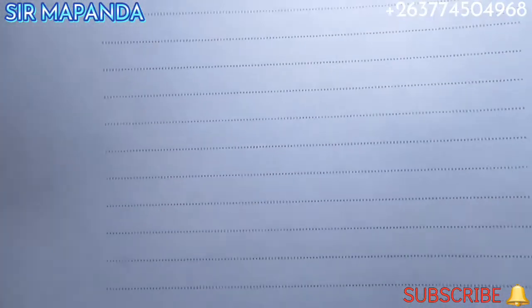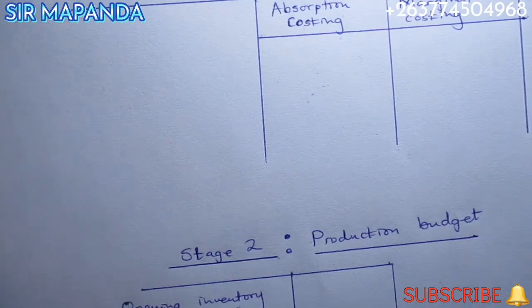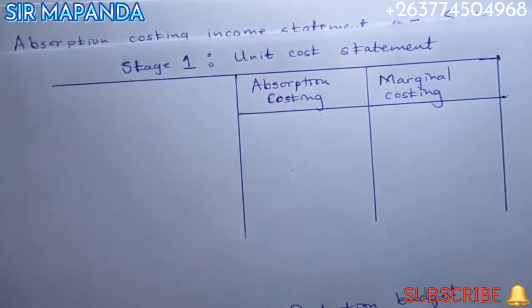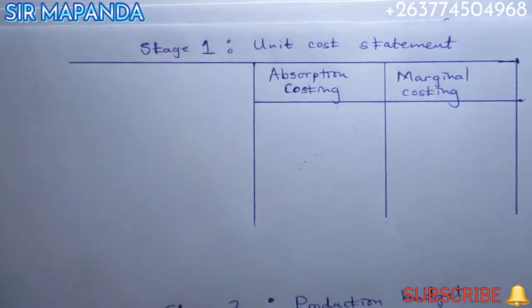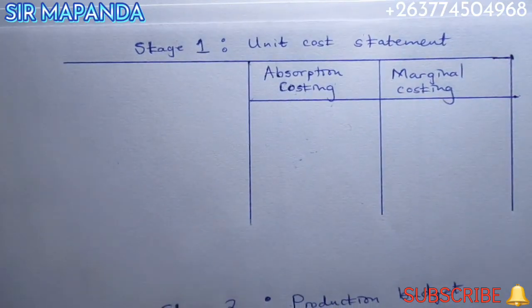Right. So there are 2 stages that you need to follow when preparing income statements for the 2 costing approaches. Stage number 1, you prepare what you call the unit cost statement. The unit cost statement helps you to calculate the production cost per unit, which will then help you to convert the units into monetary value.